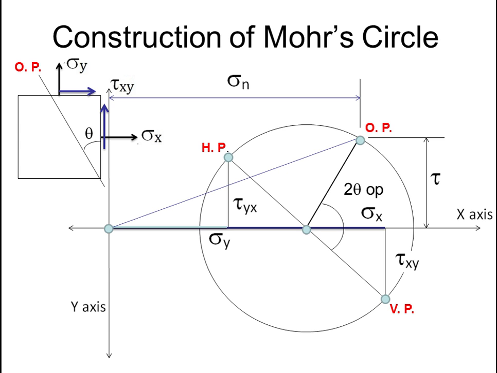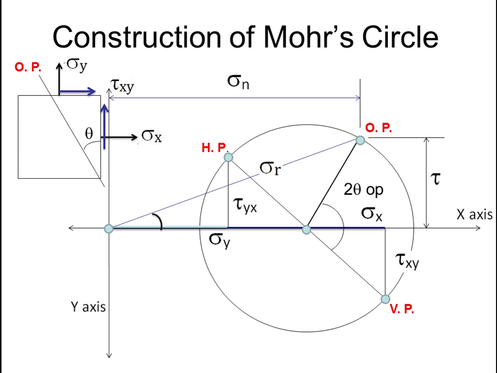Now if we join the oblique plane with the center of the coordinate system using a scale, this is the resultant stress in the oblique plane. By measuring this distance and multiplying by the suitable scale, we directly get the resultant stress in the oblique plane.